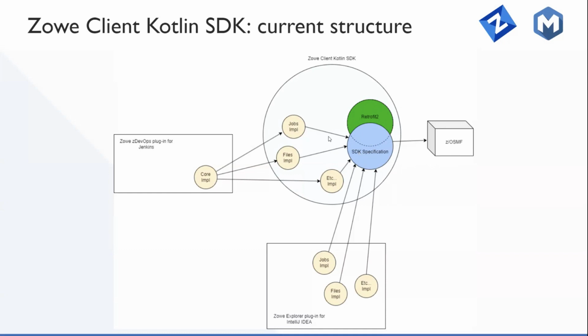And all the things like jobs, files, and other implementations are just things that will be implemented later somewhere else, if we are talking about this one. And also with the newest version of the Kotlin SDK, version 0.4, we've introduced some kind of already implemented functions that are situated inside of the SDK in the different module.